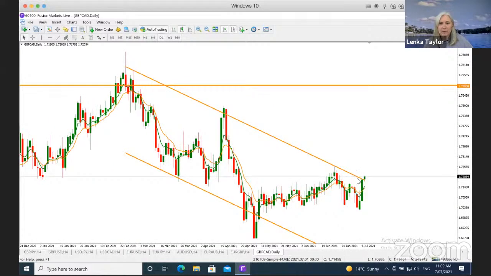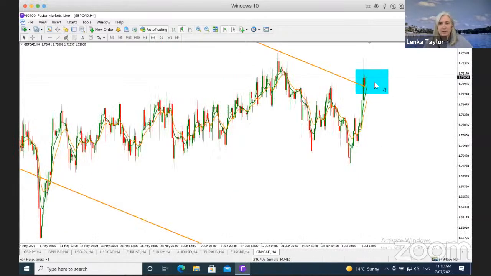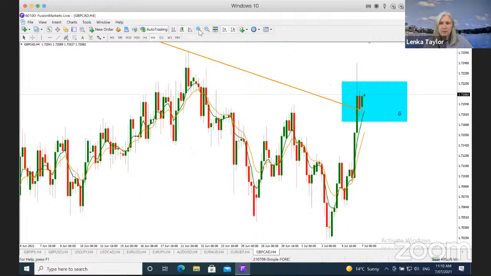But in terms of the setup, we don't have a breakout from that channel. So I am cautiously still looking for a short at this point, unless there is a breakout and a retest. On this one, still looking on the 4-hourly for a short on a really strong price action.